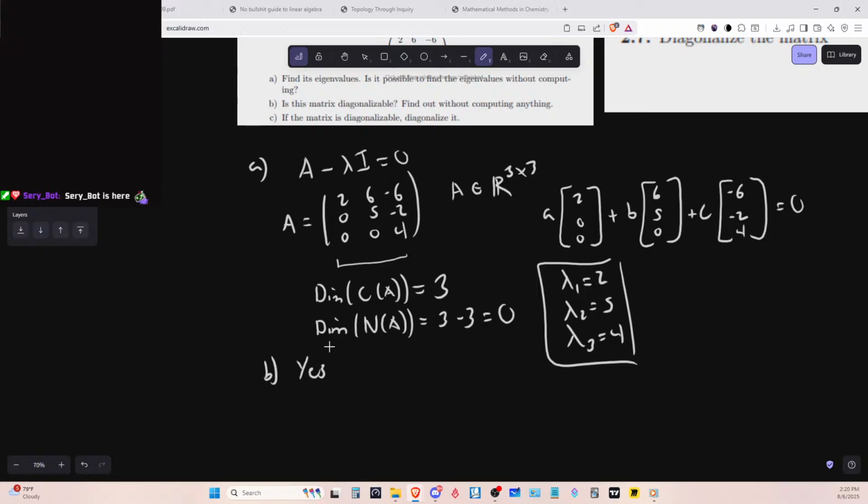the thing of it is that I'm concerned about the dimension of the null space, because we have 0 here. If it's diagonalizable, diagonalize it. Okay.